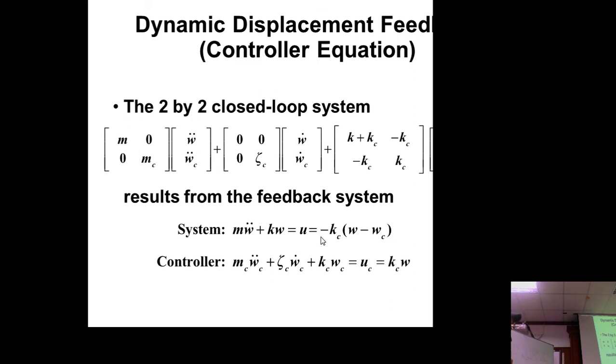So this is minus KC, then parenthesis W minus WC, and this becomes my input force. So from here, this is the force I want to be replaced by the actuator.